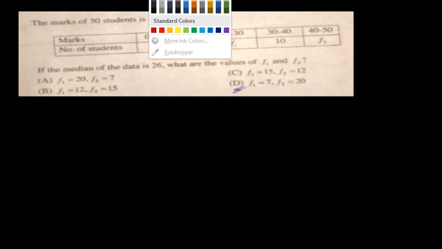Okay, the next question is statistics, statistics for grouped data. The marks of 50 students: the total number of students, n, is equal to 50. That means n/2 will be 25. We need n/2 in the formula. The median is given to you, and the median is equal to 26.